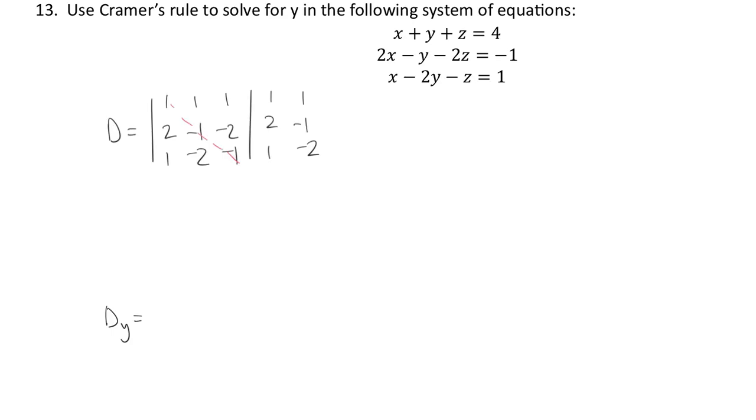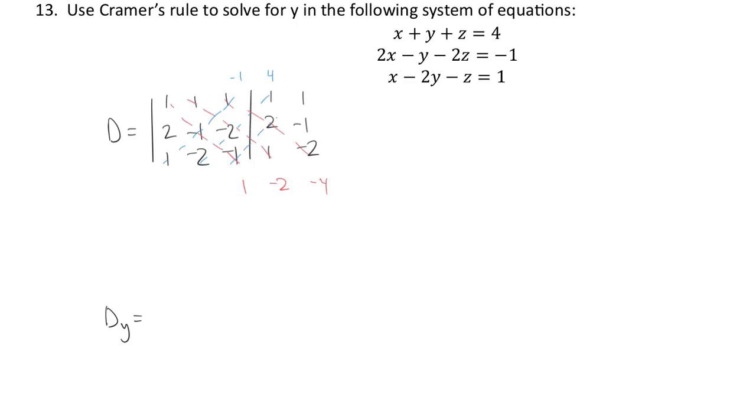So here we got 1 times negative 1 times negative 1. That is 1. Here we're going to get 1 times negative 2 times 1, which is negative 2. Here we have 1 times 2 times negative 2. That's negative 4. Now in the other direction, 1 times negative 1 times 1 is negative 1. Negative 2 times negative 2 times 1 is 4.